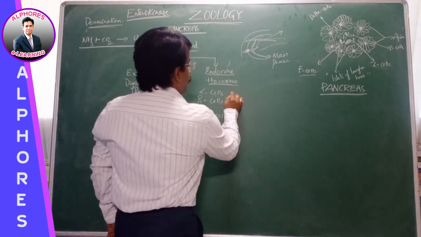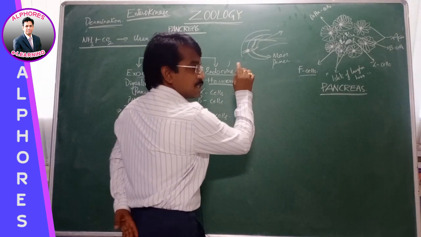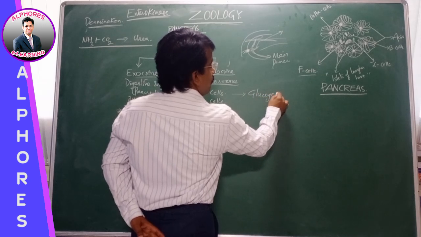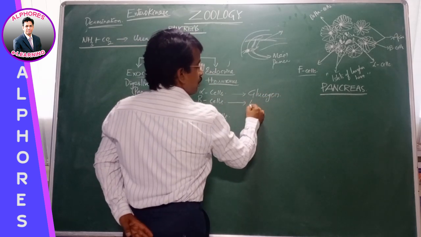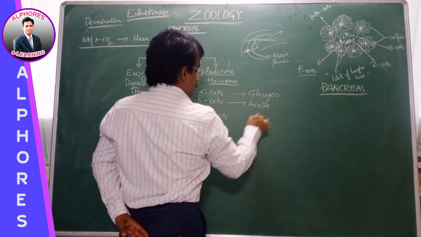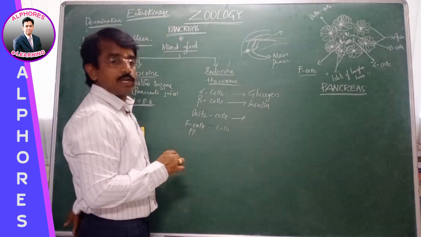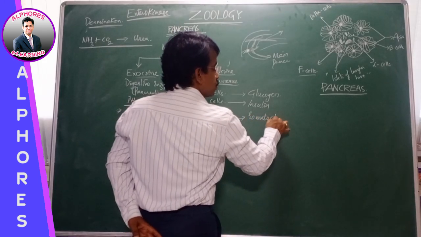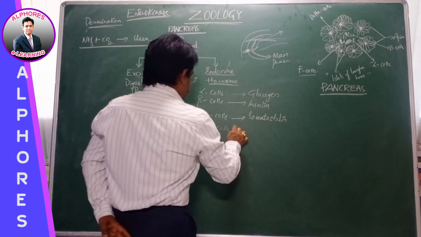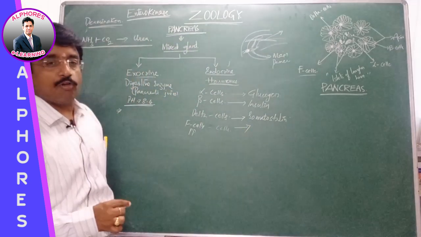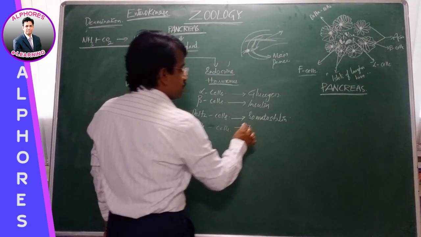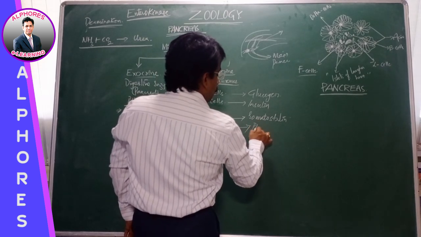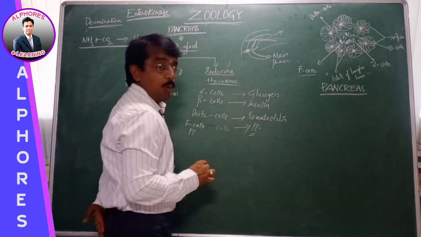In this, alpha cells secrete glucagon. Beta cells secrete insulin. Delta cells secrete somatostatin, and the F cells, the pancreatic polypeptide cells, secrete the pancreatic polypeptide hormone.